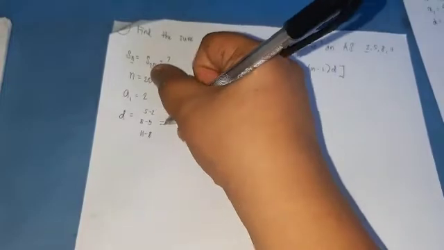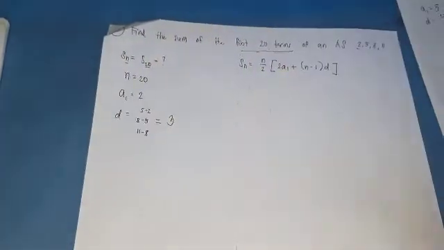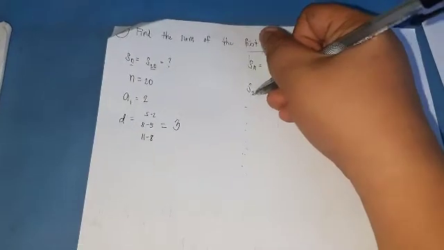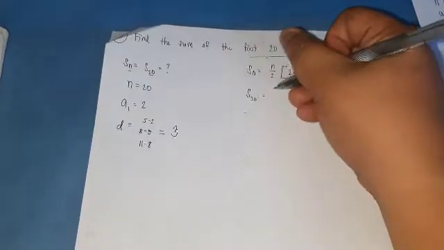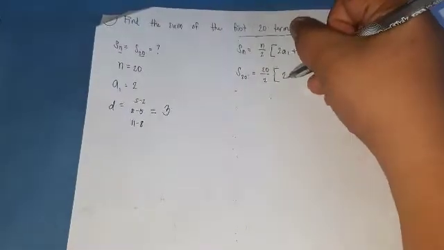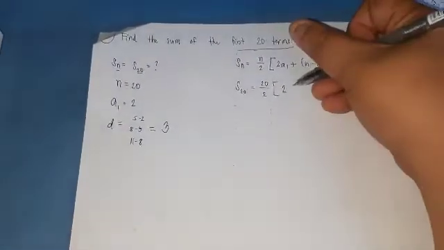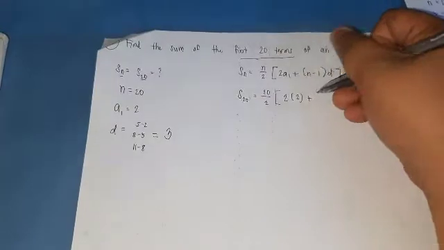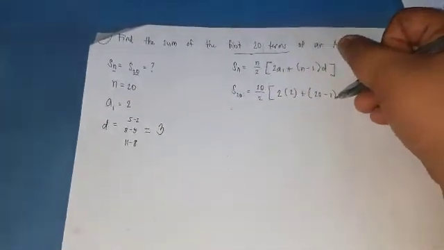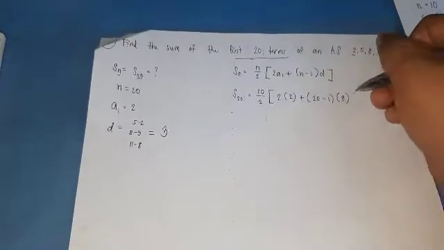It will give you equal to 3. Let's have the substitution. So you're going to have your S sub 20 is equal to your 20 over 2 times the quantity of your 2 times a sub 1, which is 2, plus your n, which is 20 minus 1, times your d, which is 3.